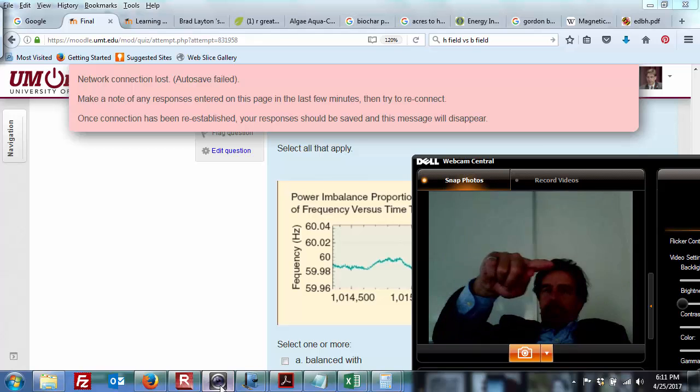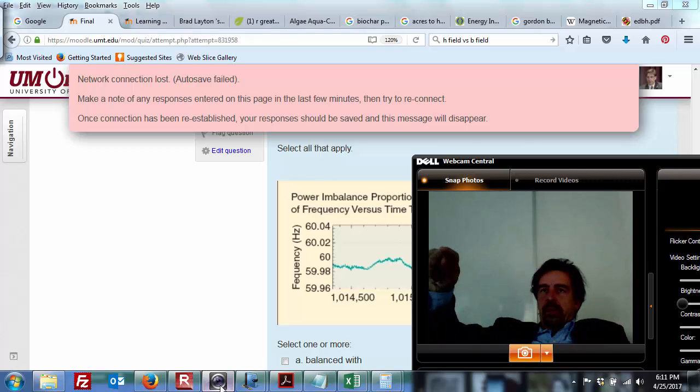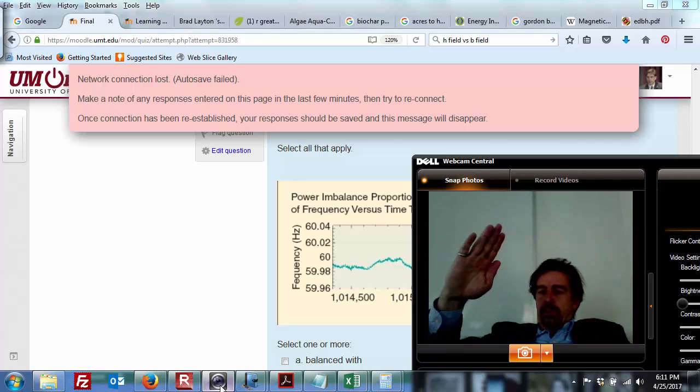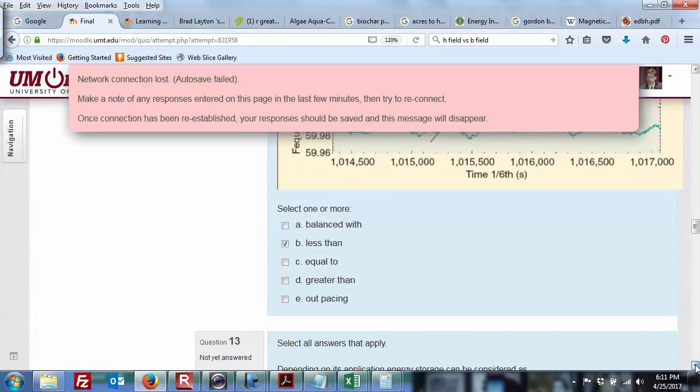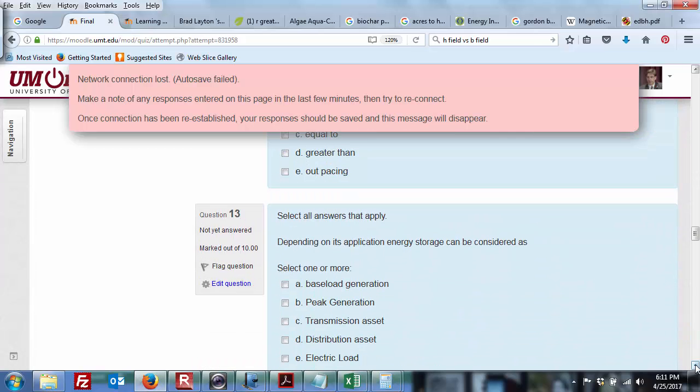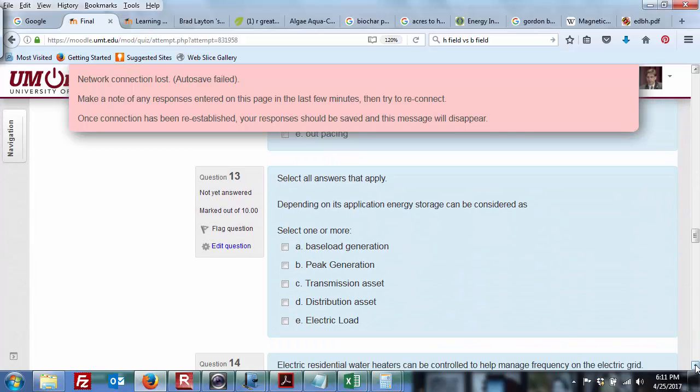So the frequency is humming along at 60. If the load goes down, the frequency goes up. If the load goes up, the frequency comes down. Try that.